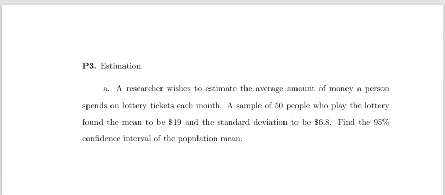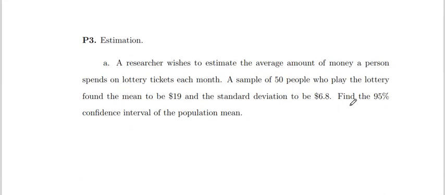So for estimation, let's say we want to find a 95% confidence interval for mu. So we have the formula: x bar plus minus Z star or T star.